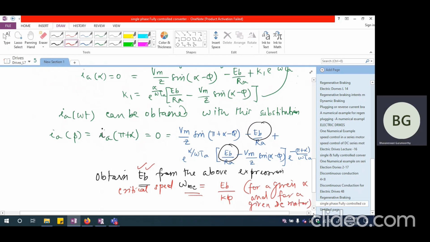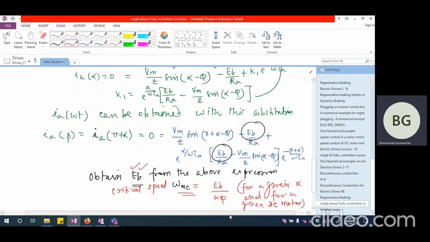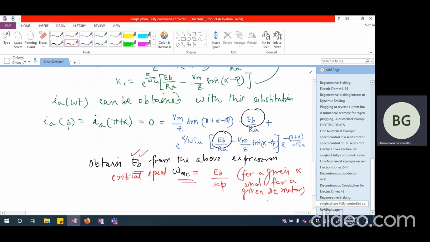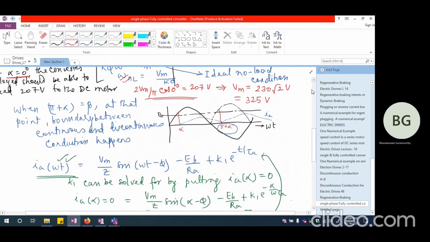If you are given a particular value of alpha and the parameters of a DC motor, you would be able to get exactly the critical speed, the boundary between continuous and discontinuous conduction. If the speed is above this critical speed, you are going to have discontinuous conduction. If the speed is below it, you are going to have continuous conduction.